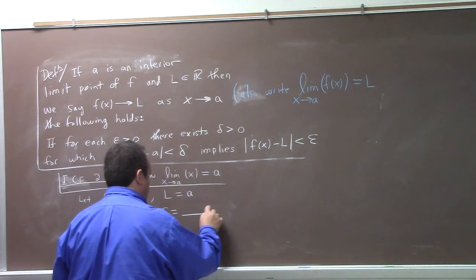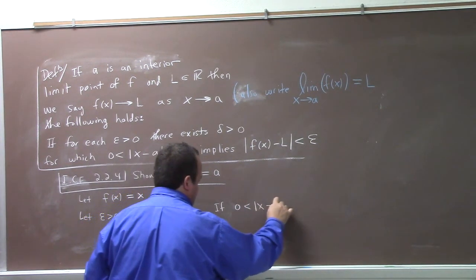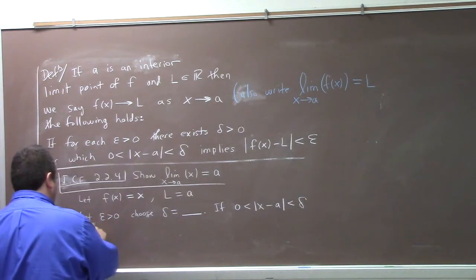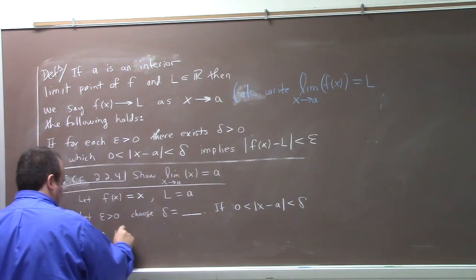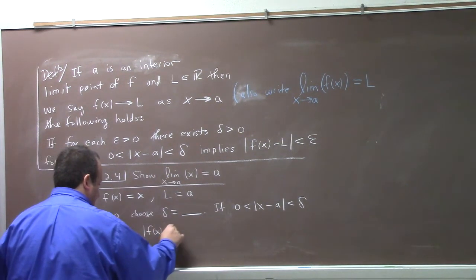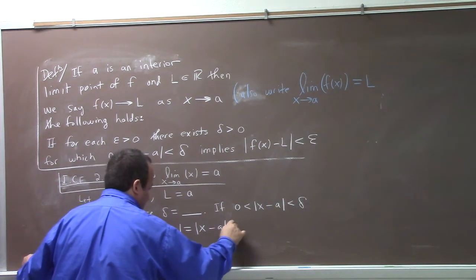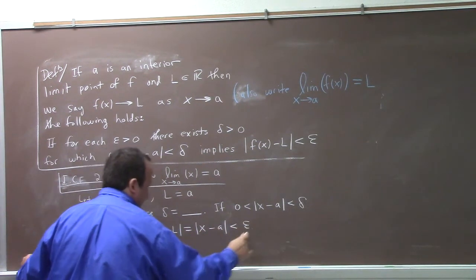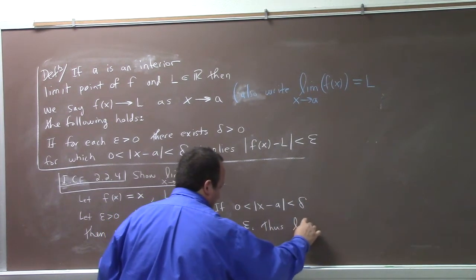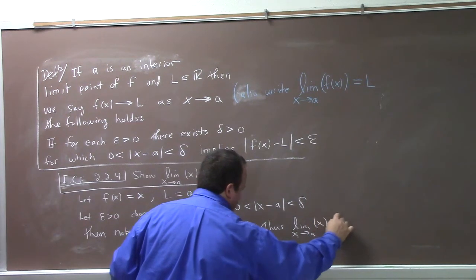If 0 is less than absolute value of x minus a is less than delta, then note the absolute value of f of x minus L, which in this case is equal to x minus a, is less than epsilon. Thus, the limit as x goes to a of x is equal to a.